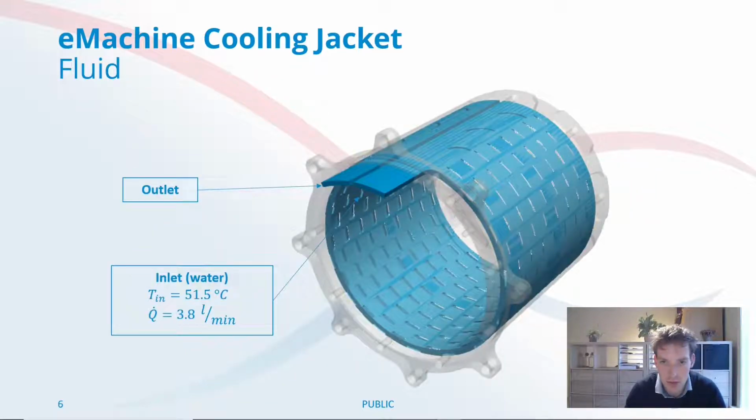Looking at the fluid domain, that looks like this, and then you can also immediately see what the conventional design looks like. The blue region, which you can see here, is the fluid, and you have an inlet slot and an outlet slot, and we apply some boundary conditions to the inlet: an inlet temperature of 51.5 degrees Celsius and a flow rate of 3.8 liters per minute.